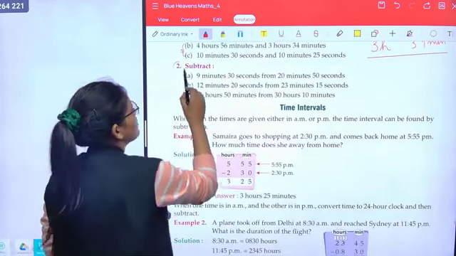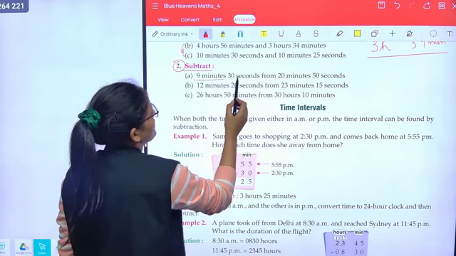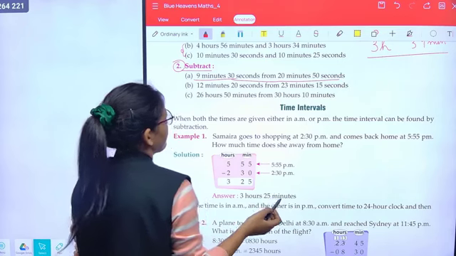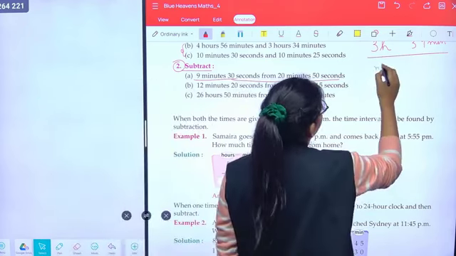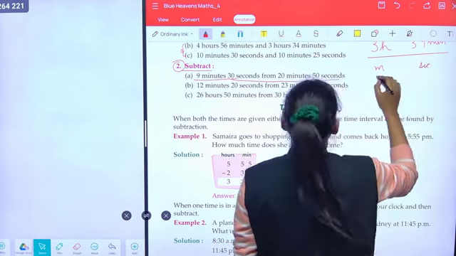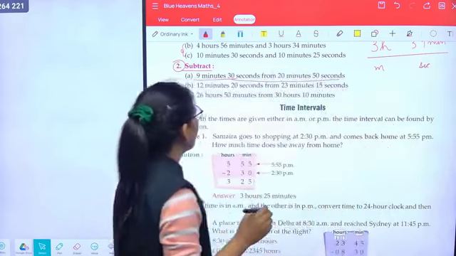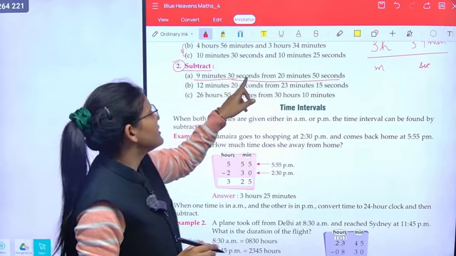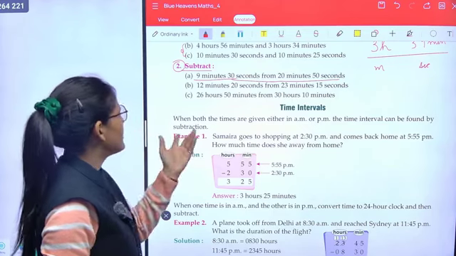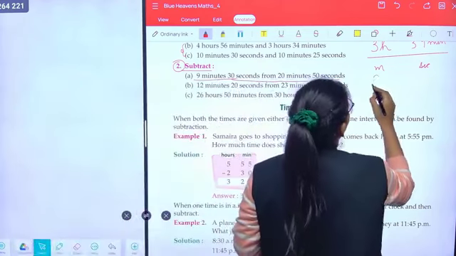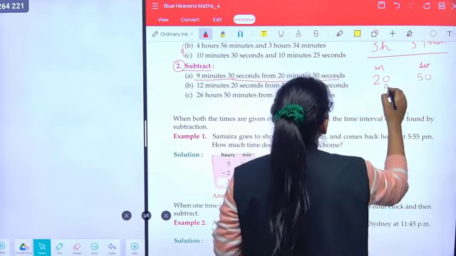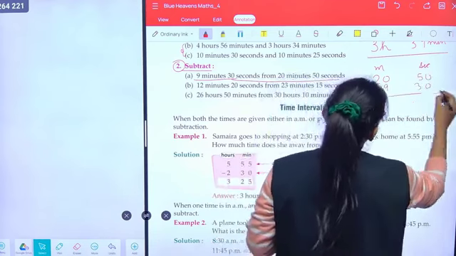Now students, question number 2, subtract 9 minutes 30 seconds from 20 minutes 50 seconds. Now minutes, seconds. Now 30 seconds is less than 50 seconds. So yes class, now 20 minutes 50 seconds and 9 minutes 30 seconds.